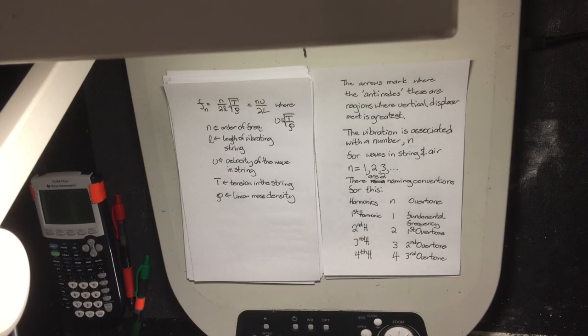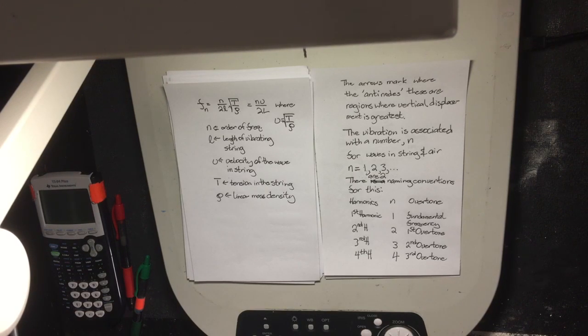Now let's say you're tuning your guitar string and you tighten it. The sound increases, because if you tighten the string, you increase tension. Increase tension, increase velocity. Increase velocity, you increase frequency.